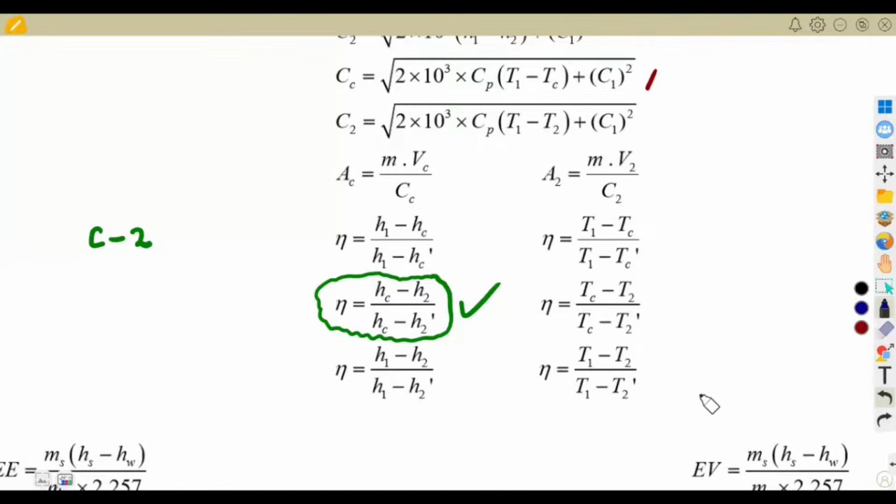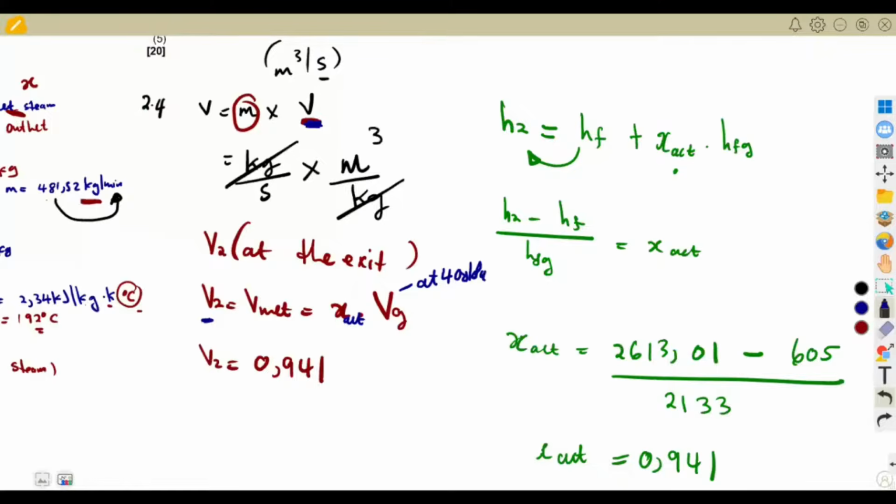Okay. So here we are going to take our Vg, which was given as 0.4622. Like I said, for volume, it's cubic meters per kilogram.